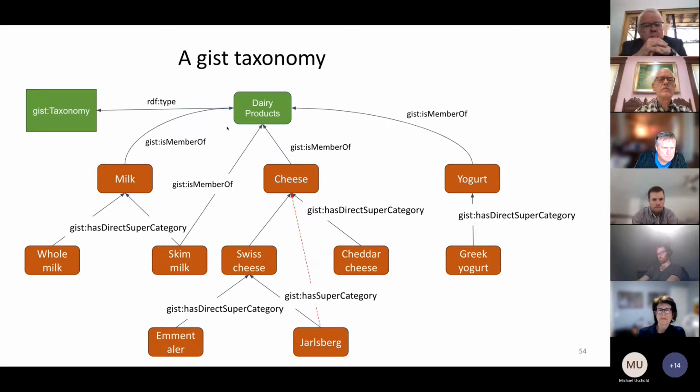And so now I have it right. This is what a gist taxonomy looks like. You have dairy products as an instance of taxonomy, and then all these things that are members of the taxonomy. And with the direct supercategories, you can infer a supercategory relationship through the chain of direct relationships.